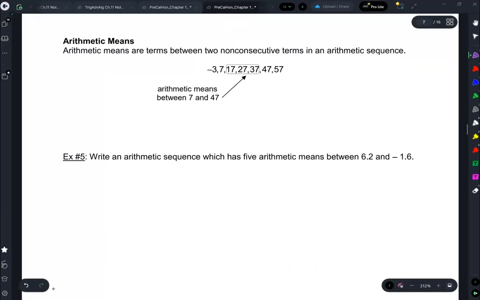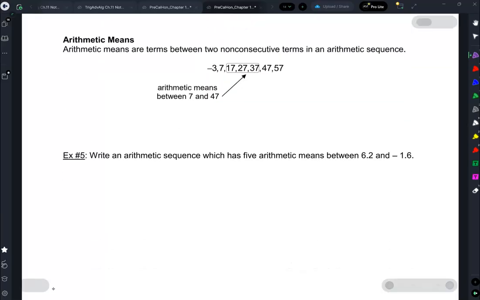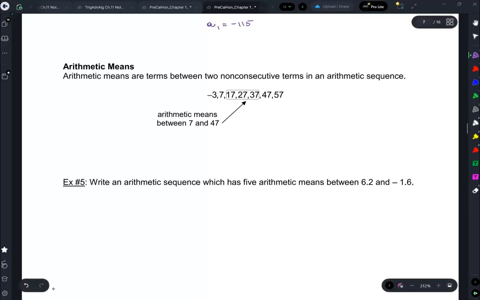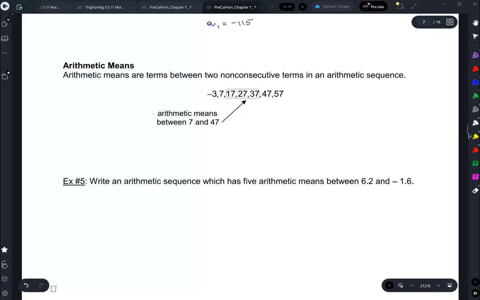Okay, so let's move on to arithmetic means. Arithmetic means are terms between two non-consecutive terms, right? Consecutive terms are ones that come right after another. But look at this one. The 7 and the 47 are not consecutive, right? They're far apart.